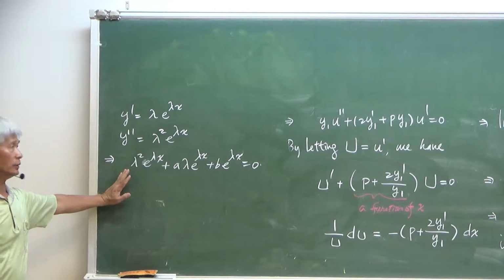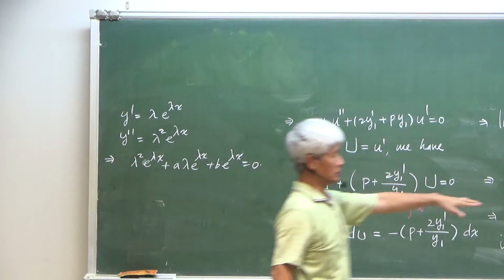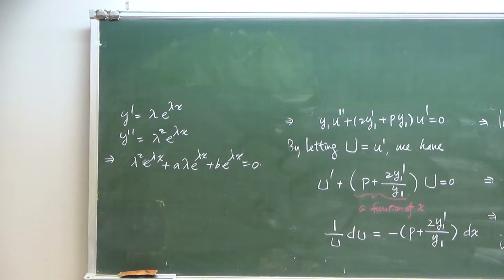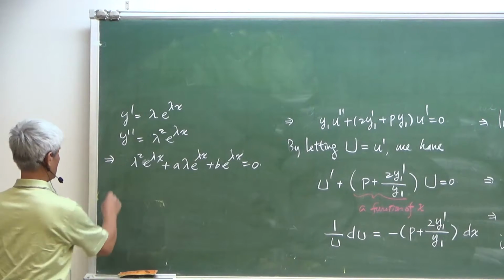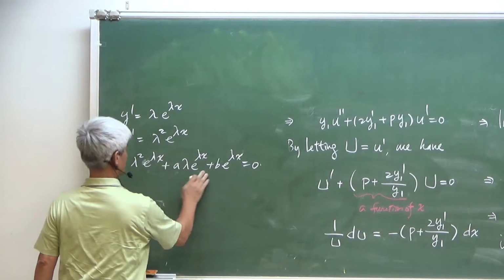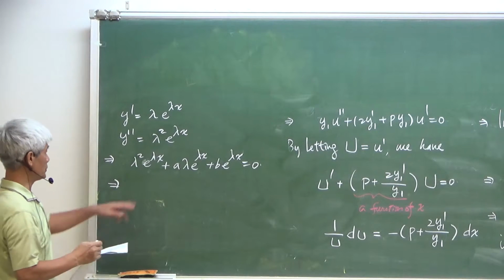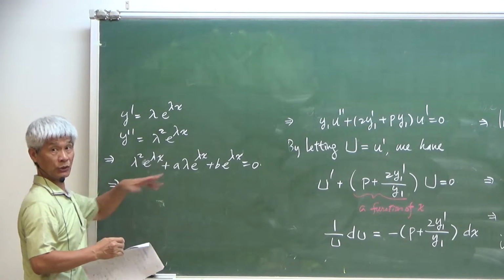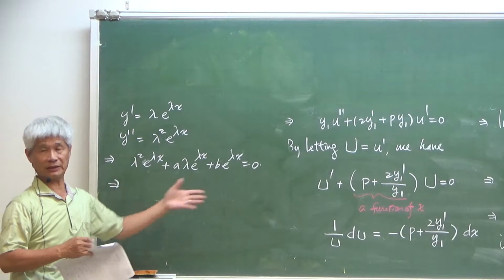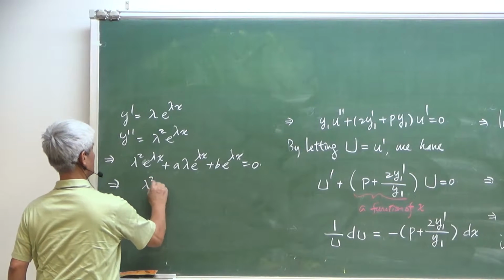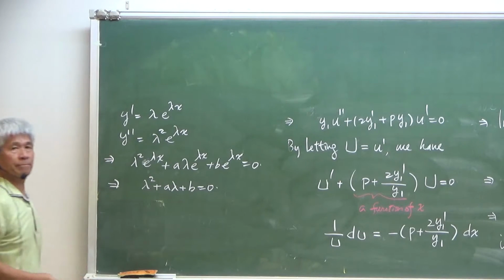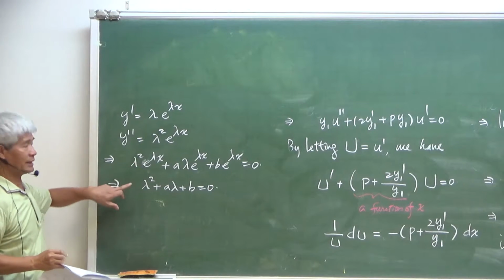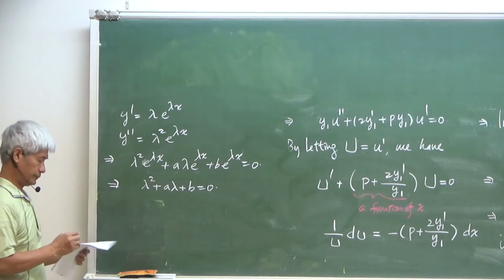If the exponential function is the solution, then it should satisfy the ODE. All the terms have a factor e to the lambda x, so we can cancel it because it is never 0. So lambda should satisfy this equation.